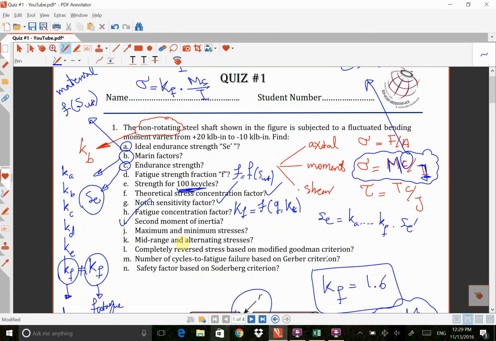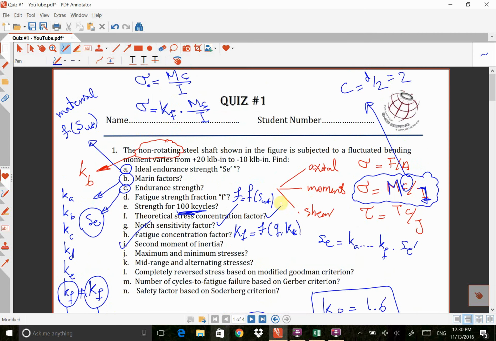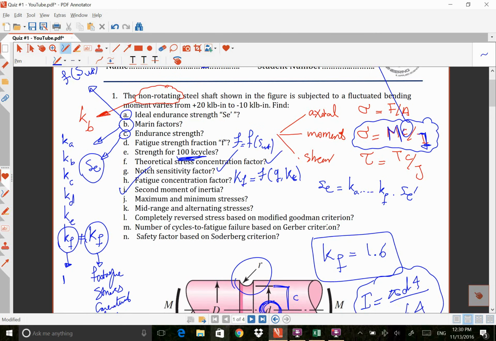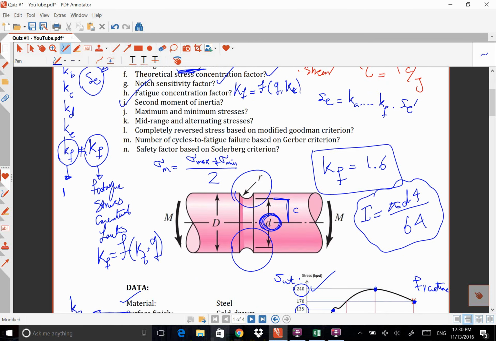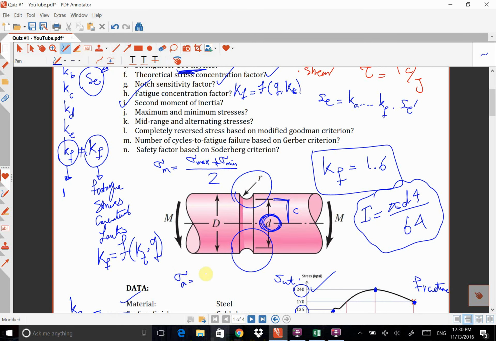Okay. Mid-range and alternating stresses. Sigma m is sigma max plus sigma min divided by 2, and sigma a is the absolute value of sigma max minus sigma min divided by 2.